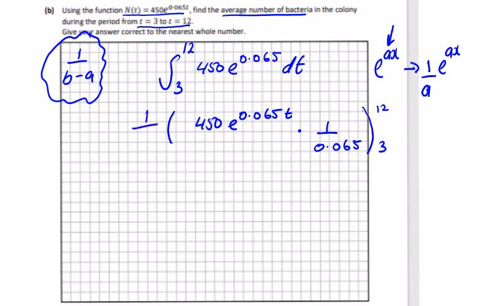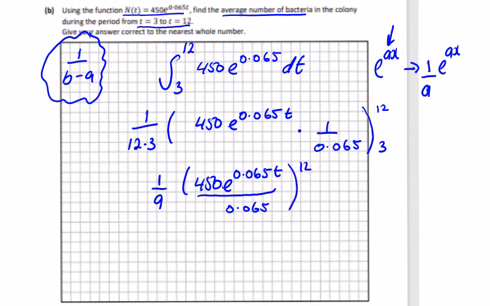We're going to get the average value of it between those bounds, 1 over 12 minus 3, which is going to give me a ninth of this whole value here. So it's going to be 450 E to the power of 0.065 T divided by 0.065 between these two bounds.